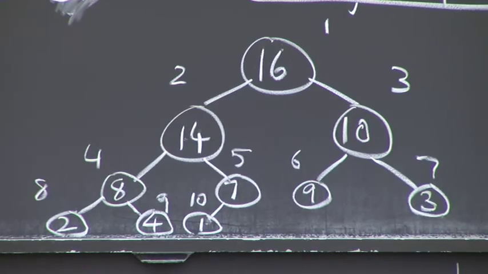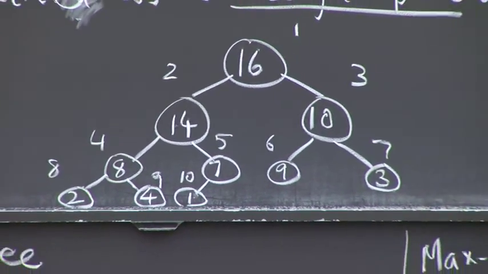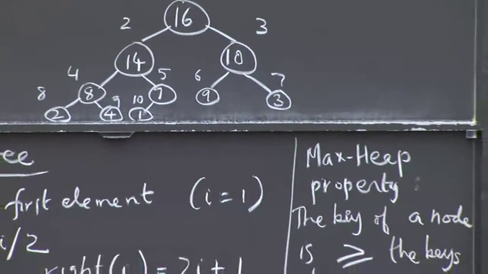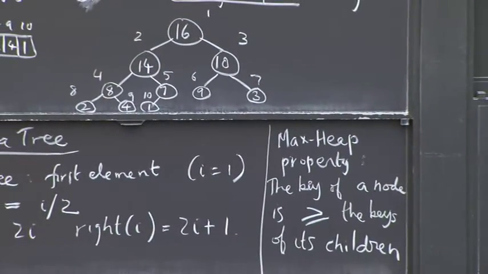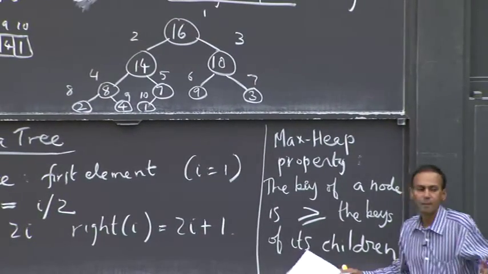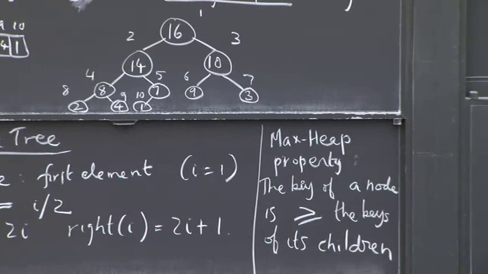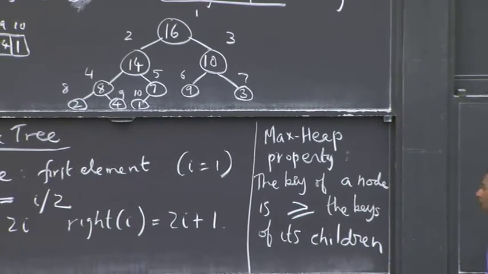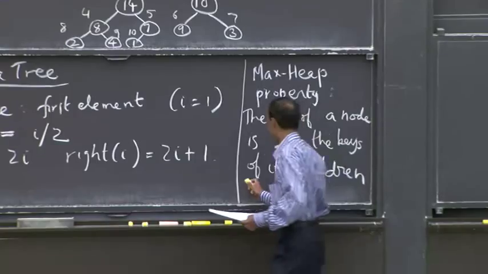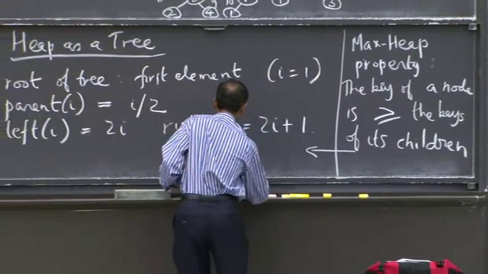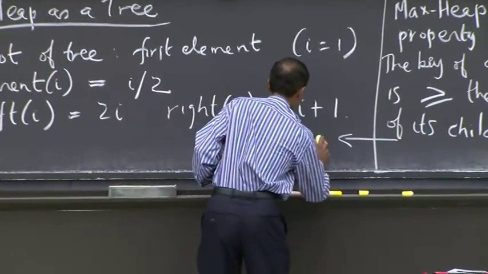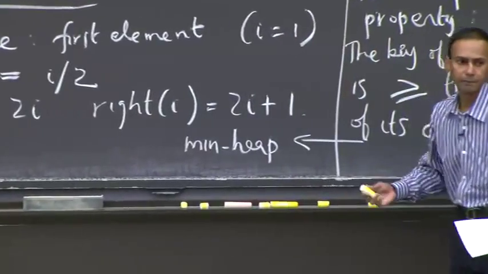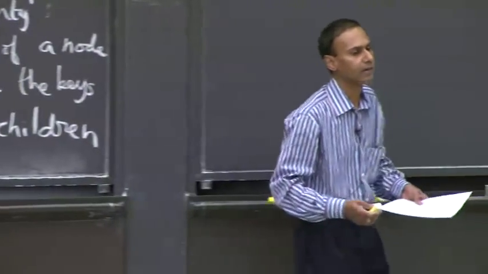The parent is greater than or equal to either of its children or its only child in the case of node 5, and so you have the max heap property. Right? So fairly straightforward property. And you can imagine defining the min heap property in an equivalent way. All right? Just replace the greater than or equal to with less than or equal to.